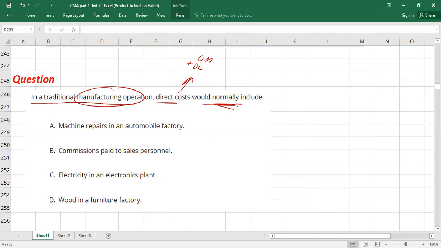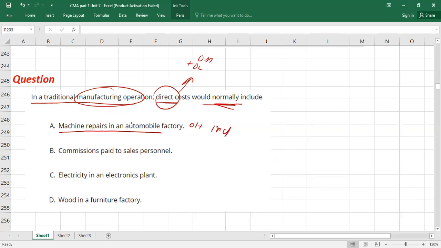Number 1: machine repairs in an automobile factory. There is one industry manufacturing cars, and repair of machines. Is it direct labor? Is it direct material? No, it is an overhead cost and an indirect cost.